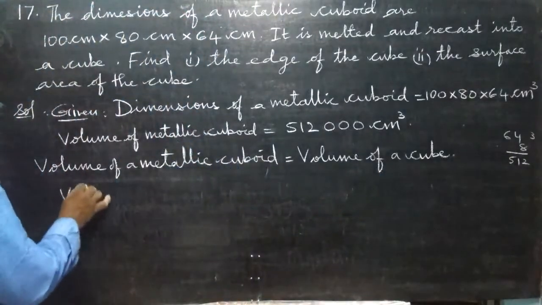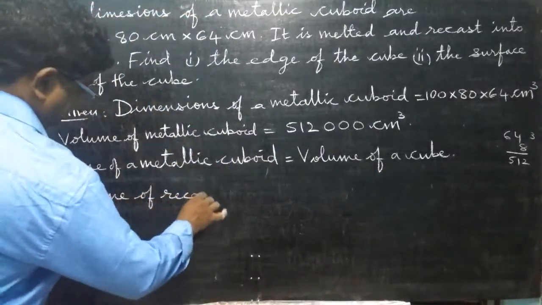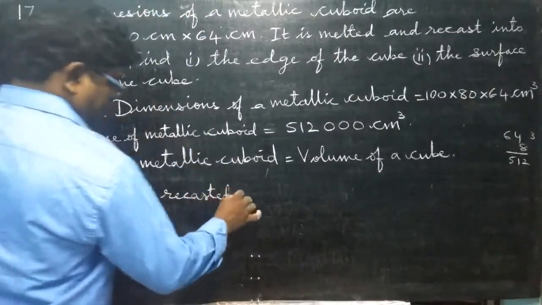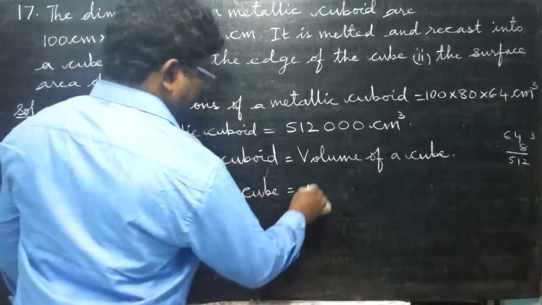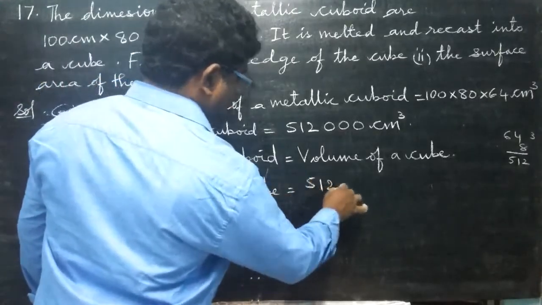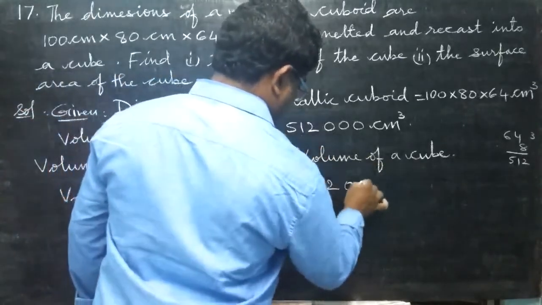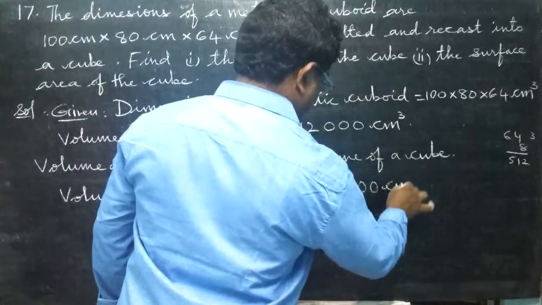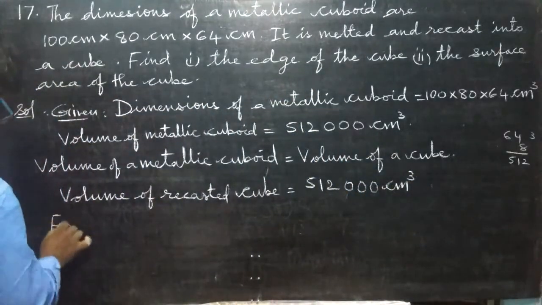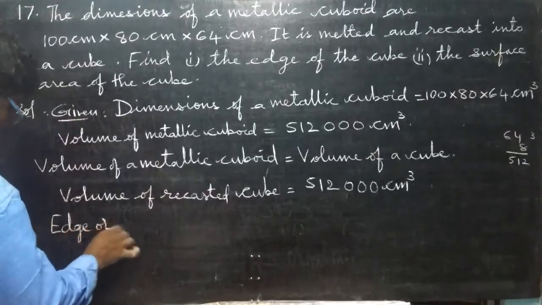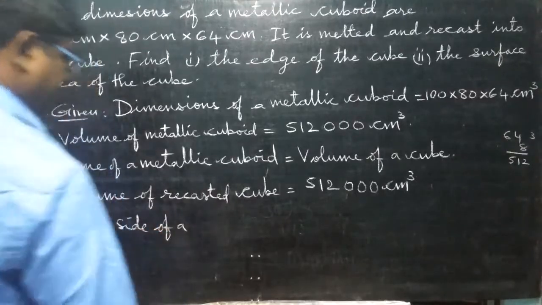So volume of a recasted cube, because they melted and recasted into a cube shape, is 5 lakhs 12,000 centimeter cube. Now edge or side both mean the same. Edge or side of a cube we are going to find.